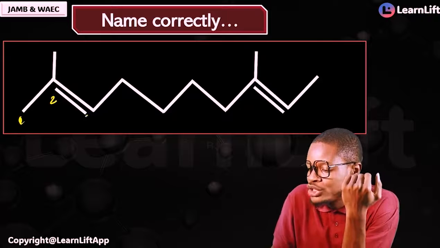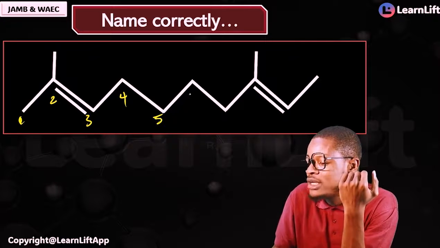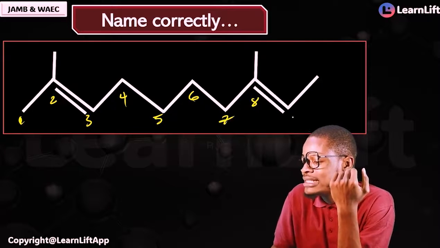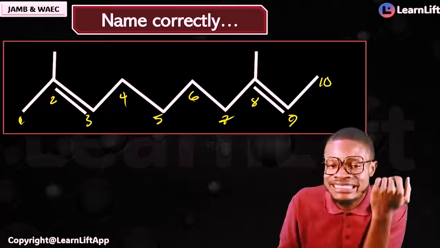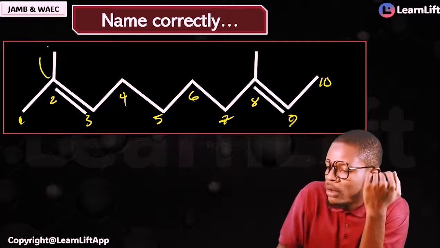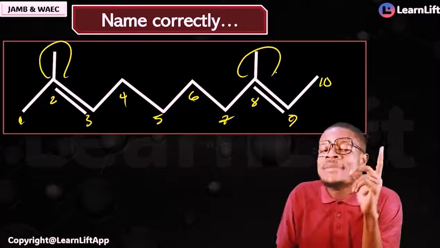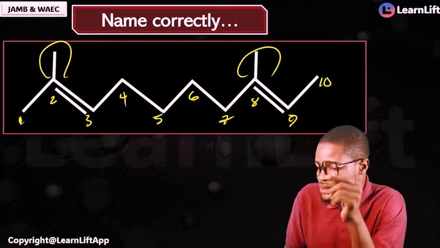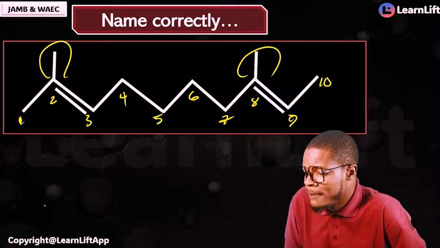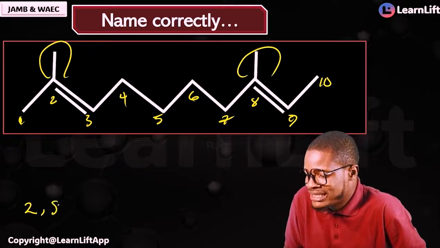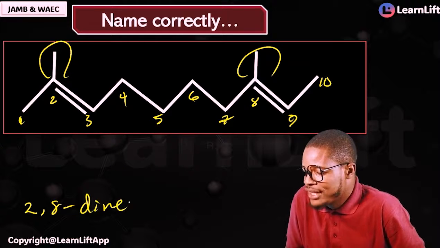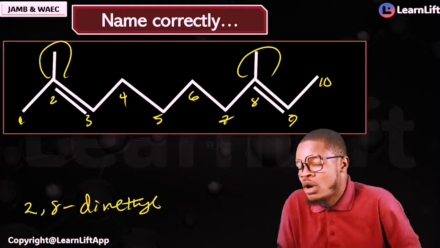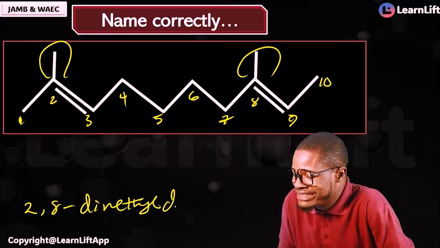Yeah, let's go. So what is it going to give us? 1, 2, 3, 4, 5, 6, 7, 8, 9, 10. Decane. Now, this is your methyl. This is your methyl. Methyl is on 2 and 8. Tell me the name. That's going to give you 2,8-dimethyl. What's the parent name? Dec.